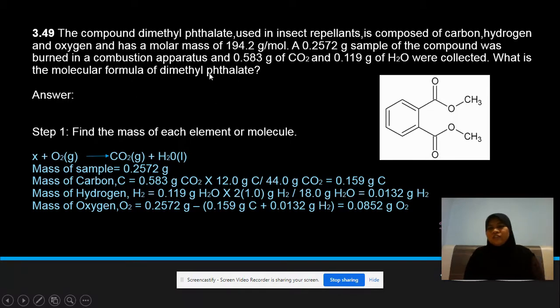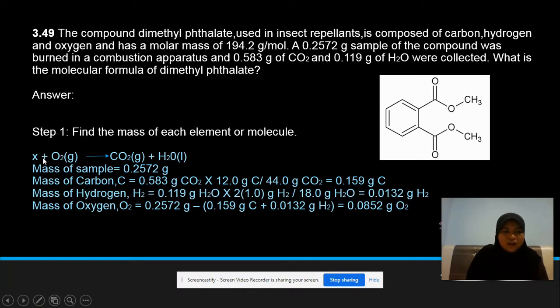So now the question asks us to find the molecular formula of dimethyl phthalate. First of all, step 1, we must find the mass of each element or molecule. So we write the equation first.